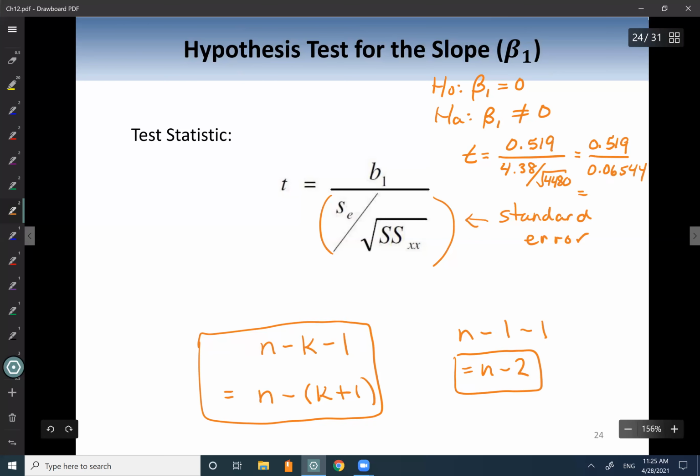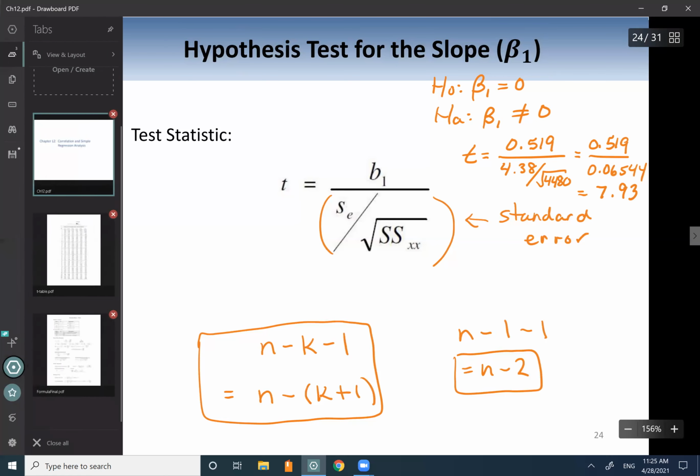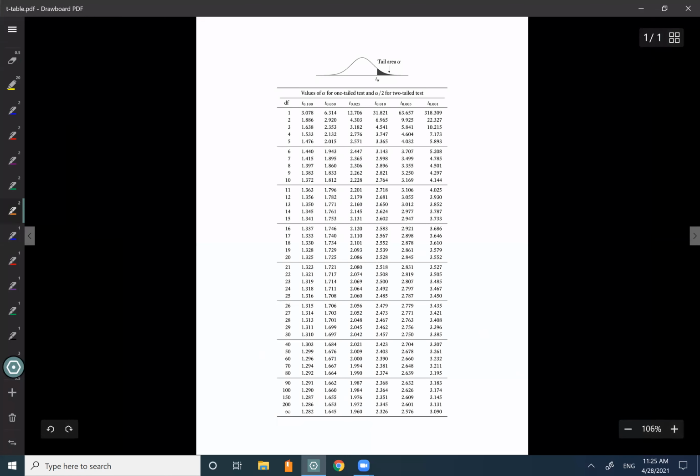We plug all that into our calculator and we get 7.93.